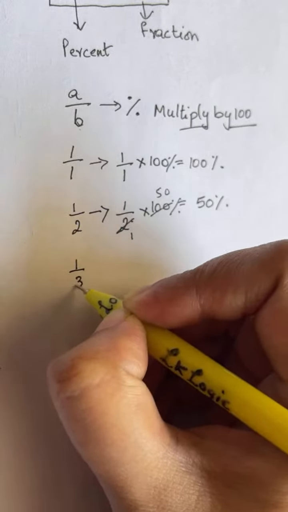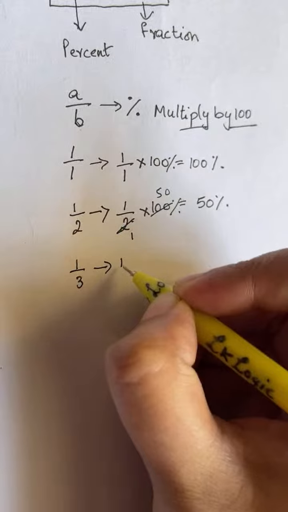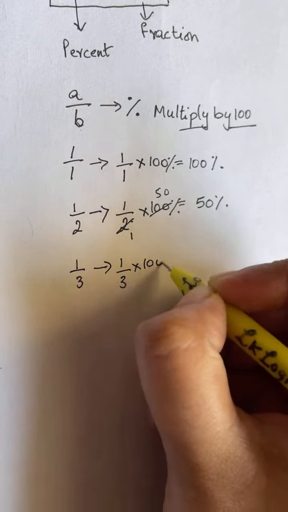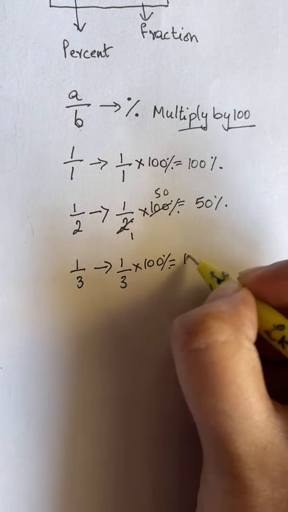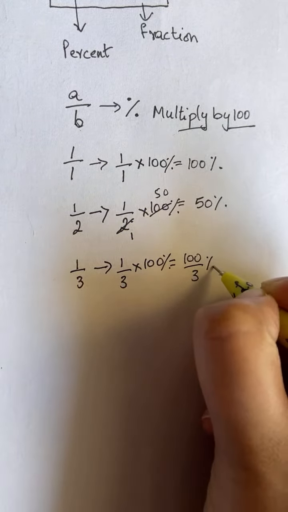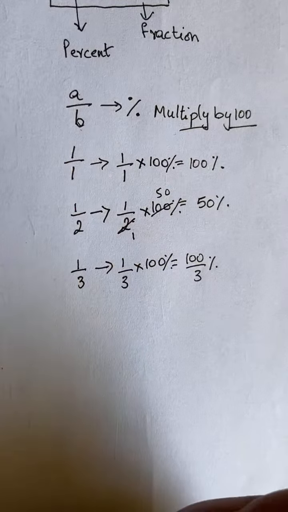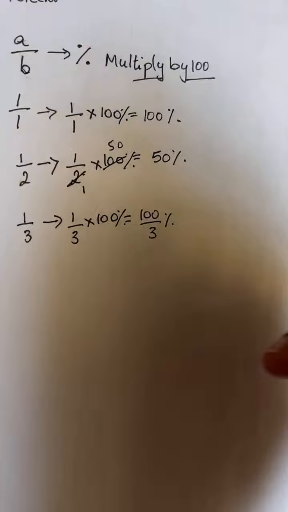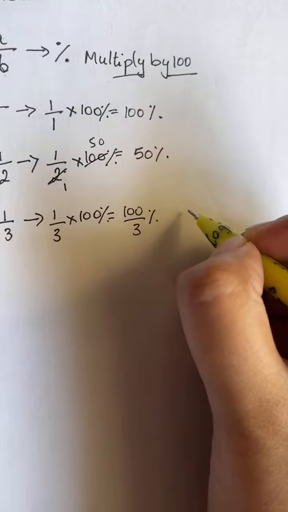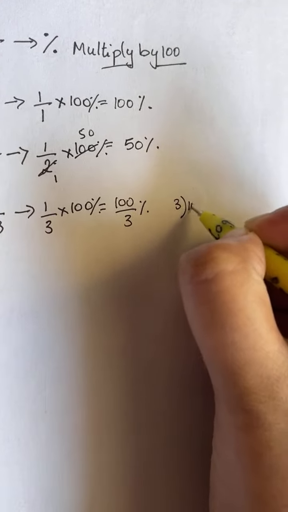Okay, so let's see another example, 1 by 3. So 1 by 3 times 100 is 100 over 3%. So how do we write 100 over 3%? I'm going to show you this one thing beside. 100 is getting divided by 3.